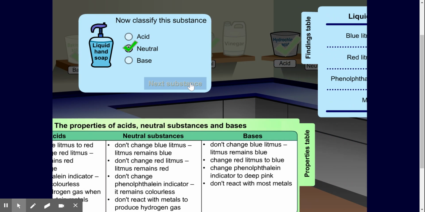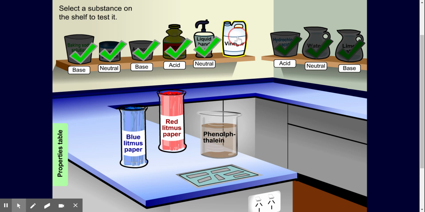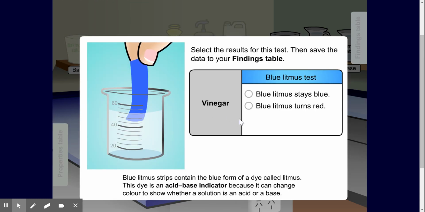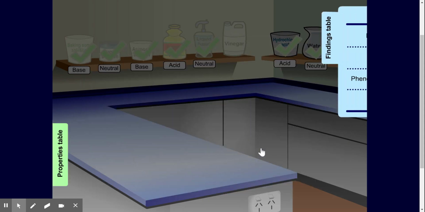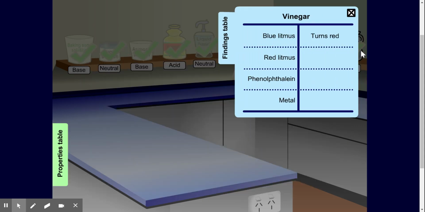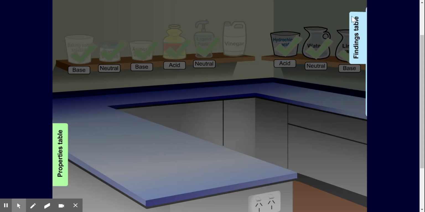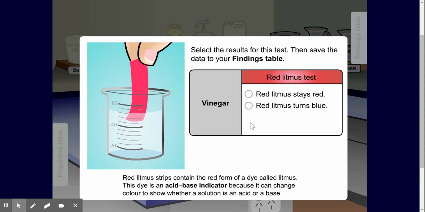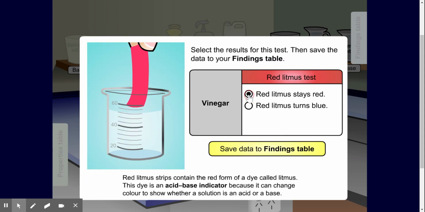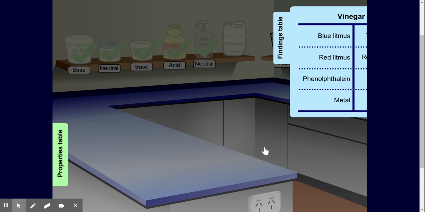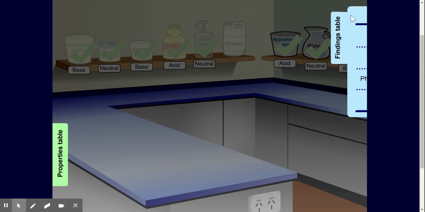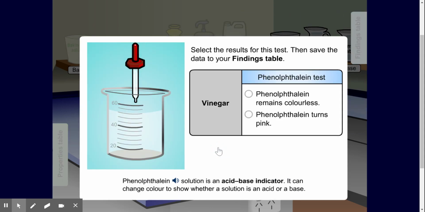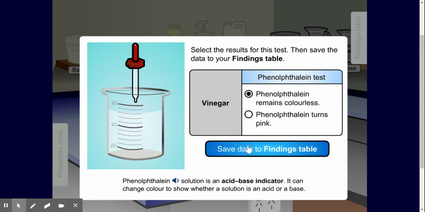All right, and now our final substance, vinegar. Blue litmus paper first. It turns red. The red litmus paper stays red. Phenolphthalein remains colorless.